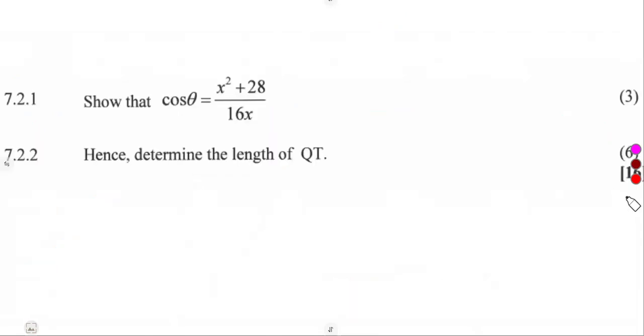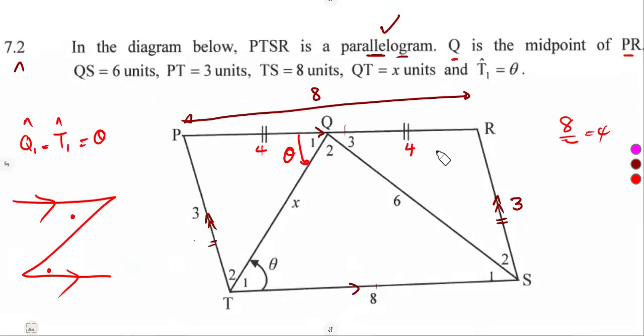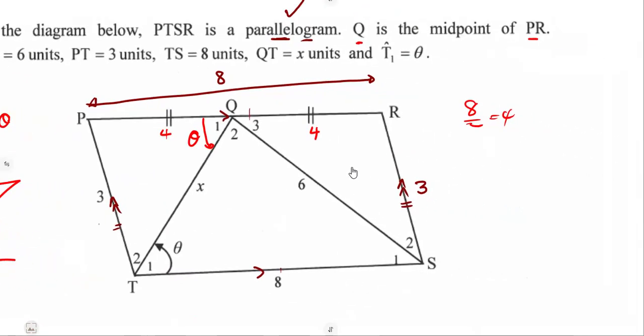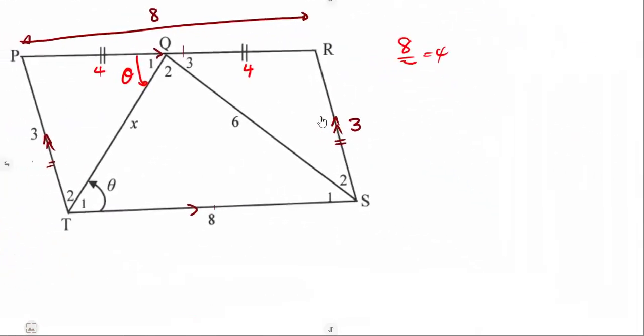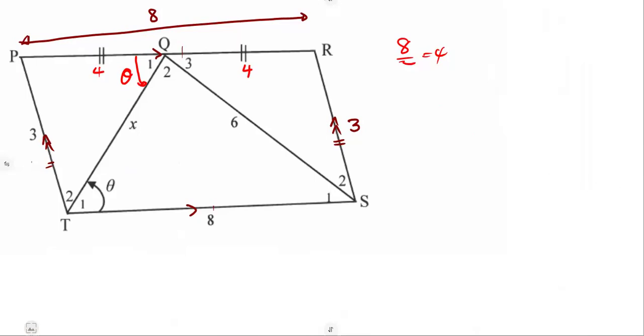So in this case, we do not want to waste time. The question was 7.21. Show that the cos of theta is equal to x squared plus 28 over 16x. Show, that is, use the given diagram and information to prove that statement. So how are we going to apply this? All right, let us try to figure out.